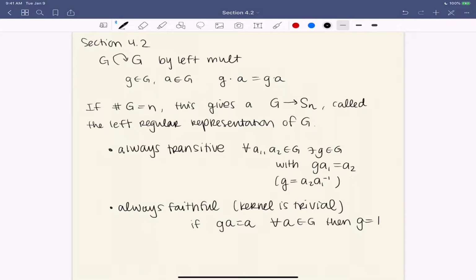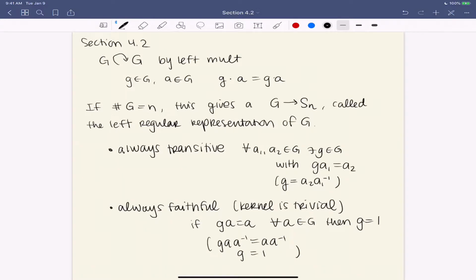In fact, if g times a is equal to a for one a in G, then g has to be the identity, because you can just multiply both sides by a inverse. So g is equal to 1.